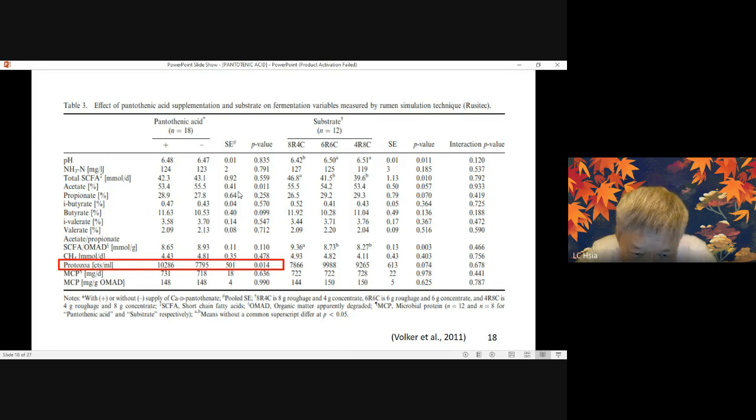Propionic acid is increased at least 1% and acetic acid is decreased 2%. So maybe pantothenic acid has a coenzyme function and transfers the products to some place, producing more propionate and reducing acetate.